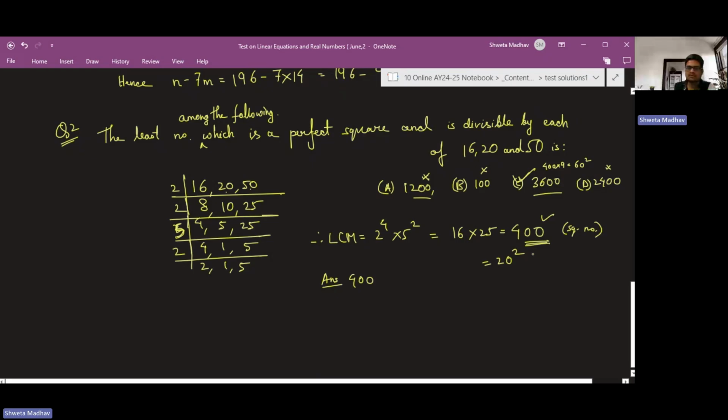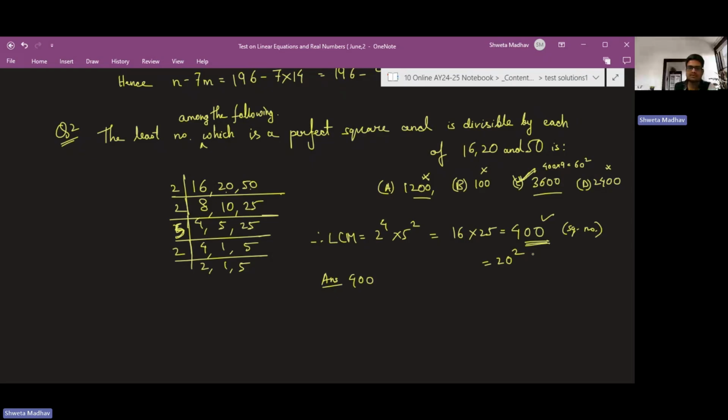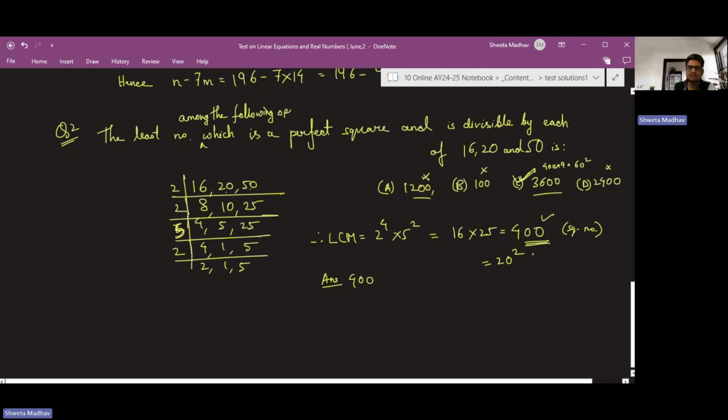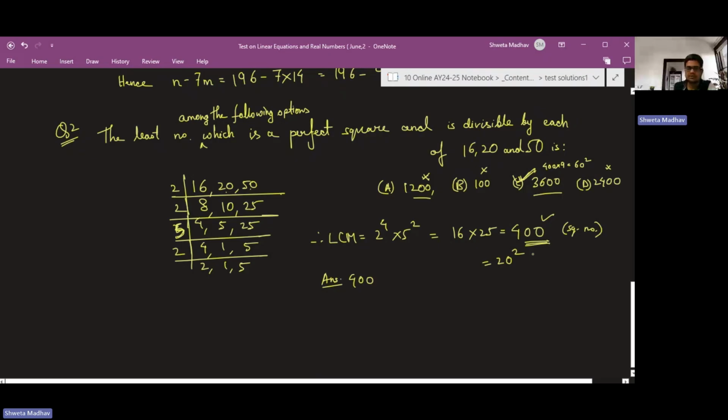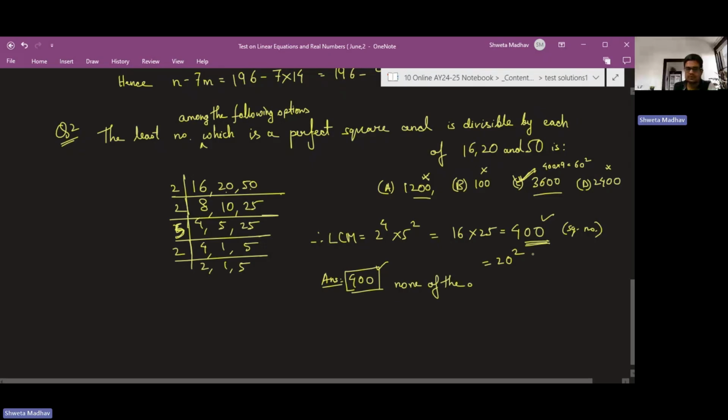So option C we can choose if it was being told that the least number among the following options, which is a perfect square and is divisible by each of 16, 20, and 50. But actually, if we see, then the exact answer should have been 400 only, which is not among the options.